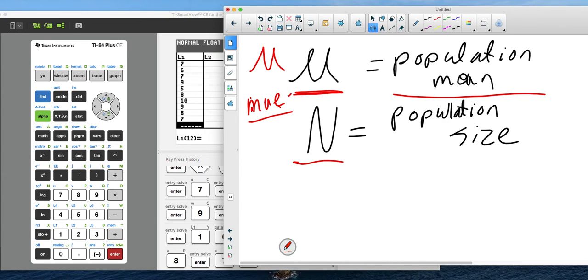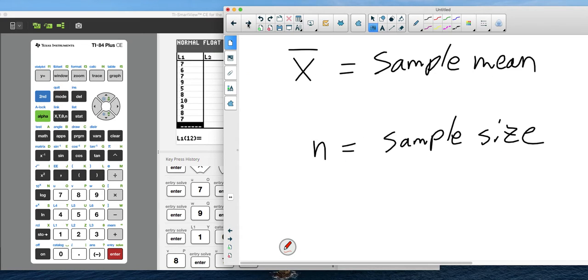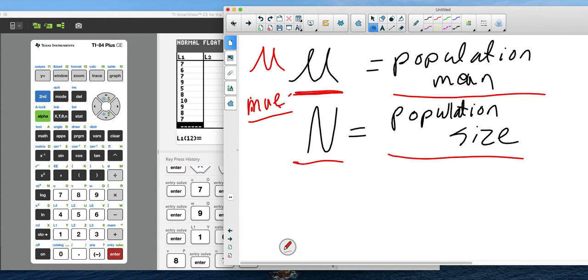Capital N is the population size. X bar is the sample mean. Lowercase n is the sample size. So if you get a problem and it says the mu is 10 or whatever, then you know you are dealing with a population, and it's giving you a population mean.